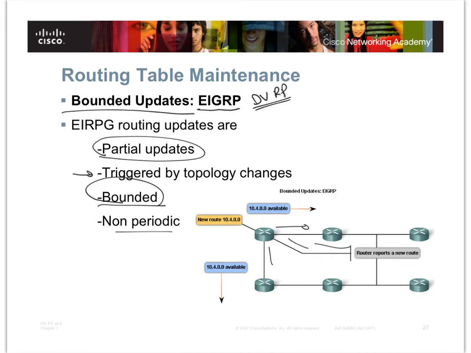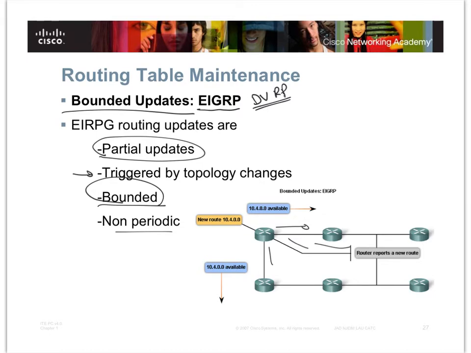The way that EIGRP works is that it says, okay, I start this interface, I find that there is a new route or a new link that has been added. So I will generate a route update about this route only, about this link only.